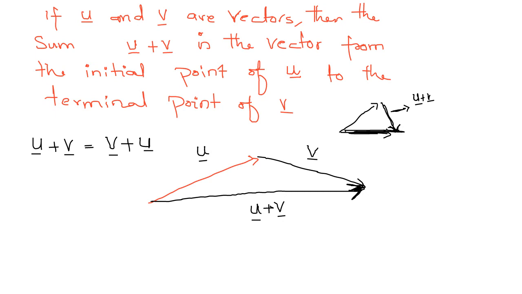Not this one, this one: u plus v will be the resultant vector. So this is the first vector, this is the second vector: u, v, and u plus v. So this is the condition from where you can easily find the resultant vectors.